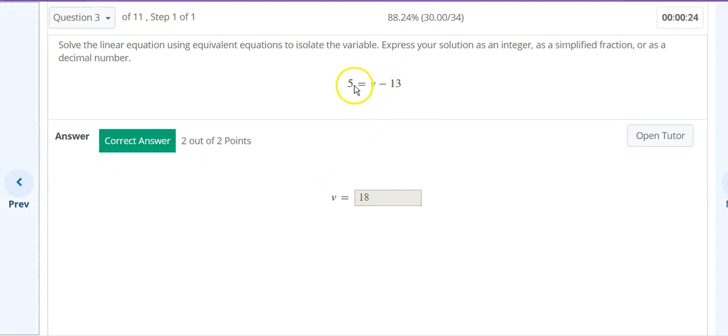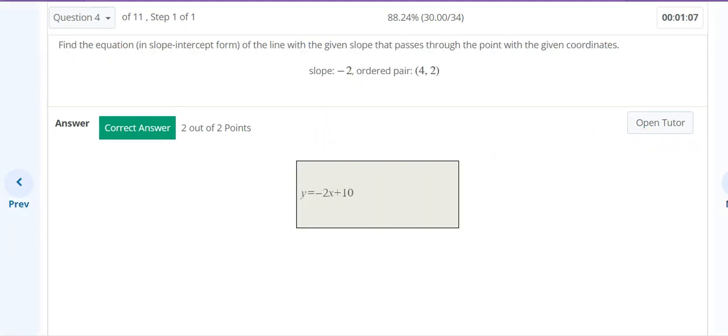So this one you can almost do in your head. You're just going to transpose the negative 13 to this side, becomes a positive 13. So V equals 18. Now here we have an ordered pair, and here is the slope. And they want us to put that into an equation, slope-intercept.